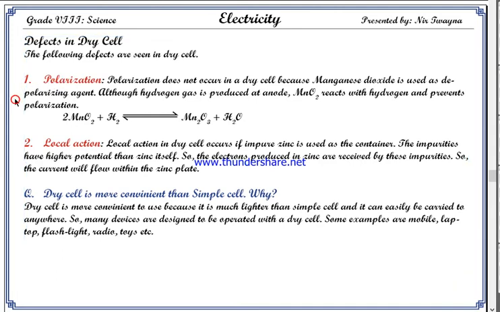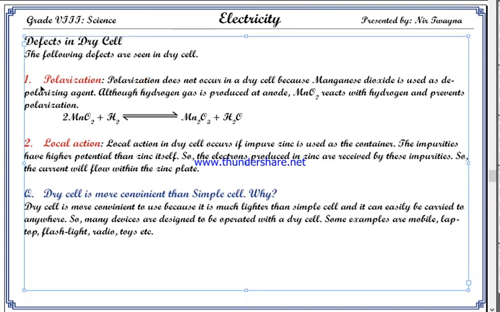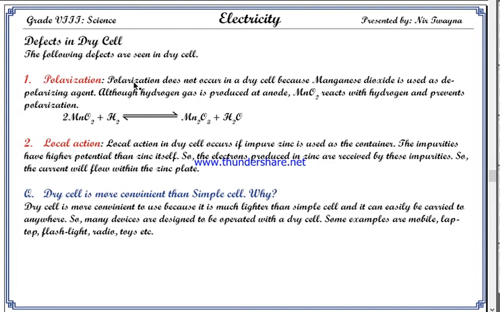Polarization means formation of hydrogen bubbles which cover up the anode, so that production of electricity is completely blocked. You studied that in our previous class. The same problem occurs here also.